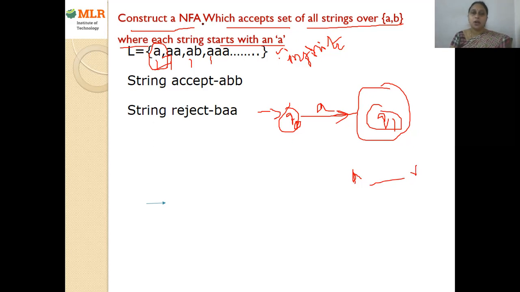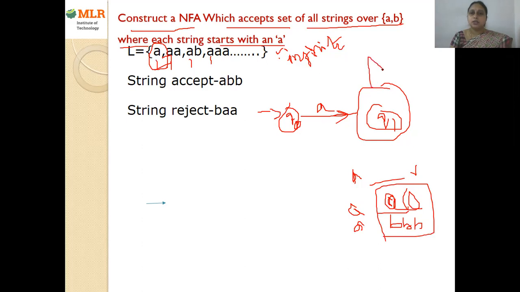Now for Q1, what do we need to do? What input symbols can be represented for Q1? Just observe: after the starting symbol A, whatever symbols I get, that may be any number of A's or B's, I am just going to accept them.